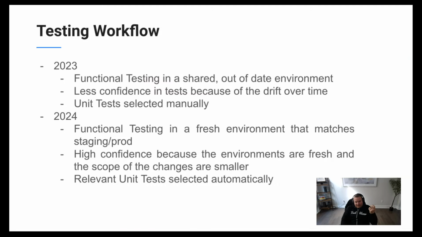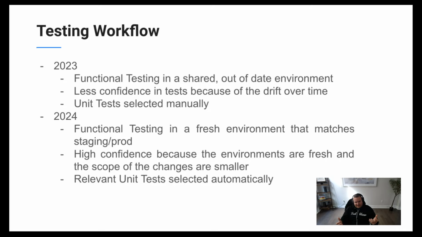Once we were able to do that, that really opens up the testing workflow here. And this is kind of the magic of SFOps. As Autumn said, the entire point of the framework is to shift left as far as possible. So if we talk about 2023, again, we had that dated paradigm. We were doing functional testing in shared out-of-date environments. We had less confidence in tests because of drift over time.